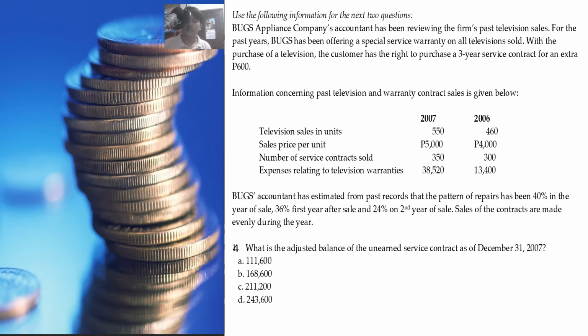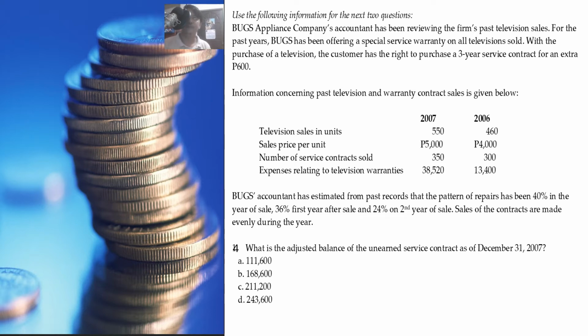This is important. Bugs' accountant has estimated from past records, based on their experience, that the claims for repairs have been 40% in the year of sale. So, when it was sold, 40%. Then the next year, 36%. And then 24% in the second year after the sale, which means the last year of the service contract.